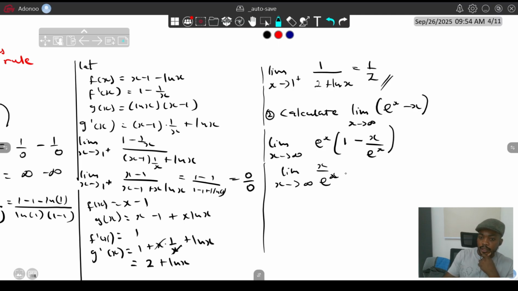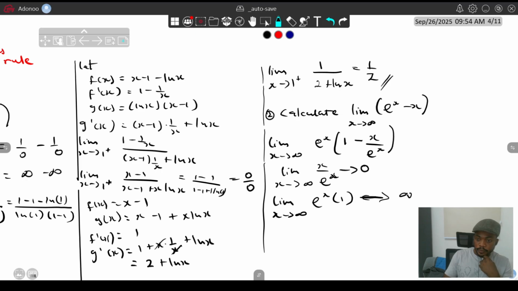So what happens here is that as x approaches infinity, this approaches 0, right? So if this approaches 0, then the limit as x approaches infinity of e raised to the power x times 1 will approach infinity. Good.